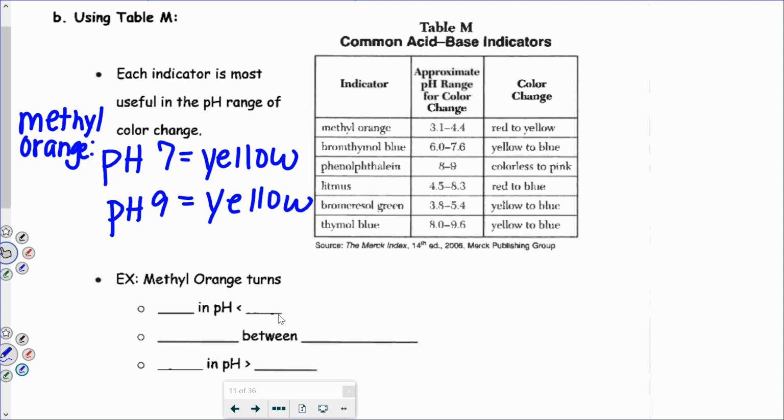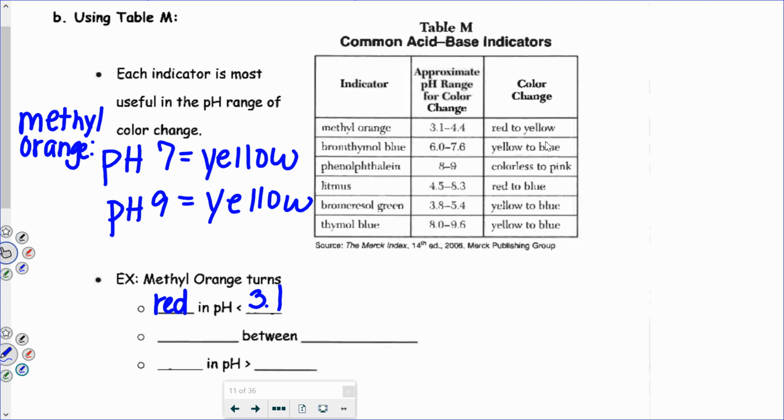Right here, we're going to summarize what I just said. Methyl orange is our first indicator. It is red in a pH that is less than 3.1. So if it's less than the pH on the left, it's the color on the left. If the pH is between 3.1 and 4.4, it's a mixture of your two colors.